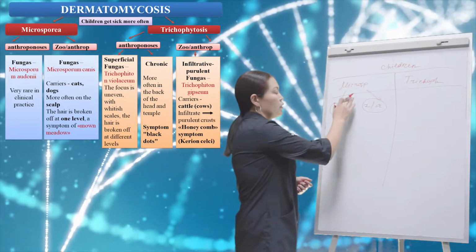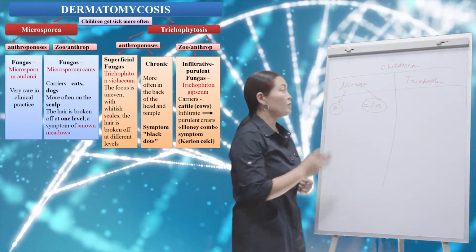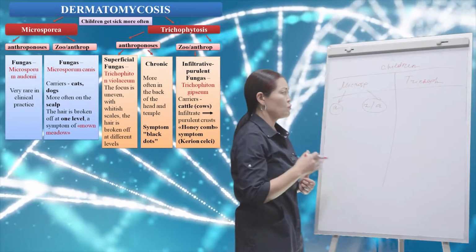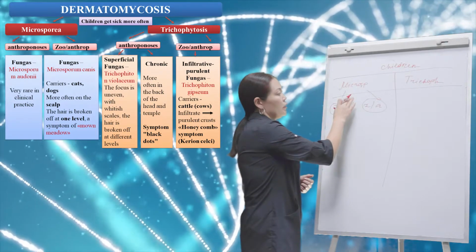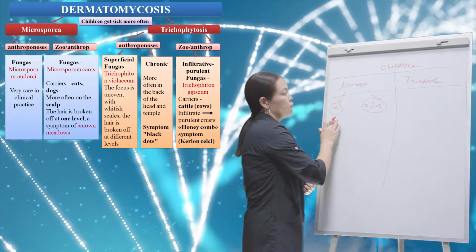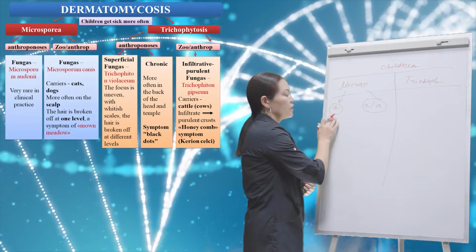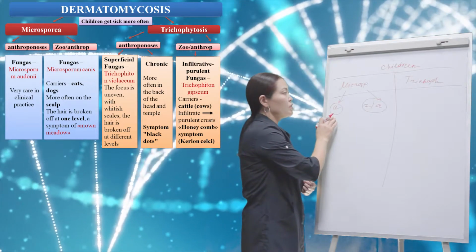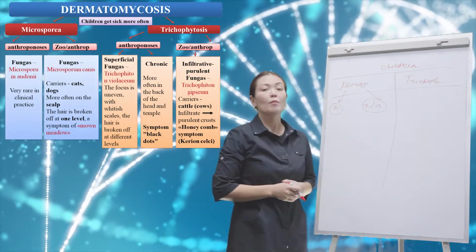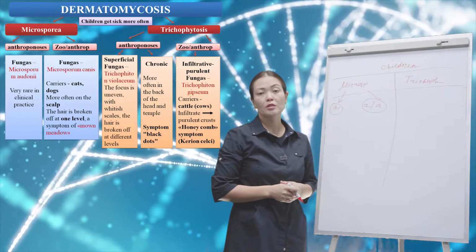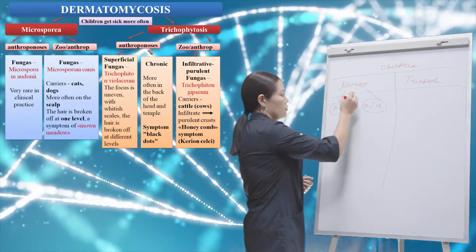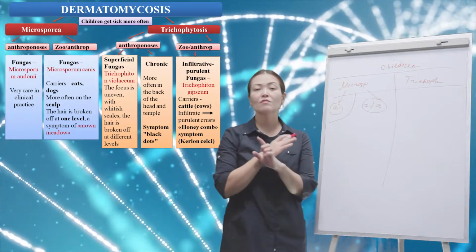So first of all, let's discuss microsporia. We have two main clinical forms of microsporia infection. The first of them is the anthroponosis type of microsporia, but in real practice of a dermatovenerology doctor, this type of infection is very, very rare.